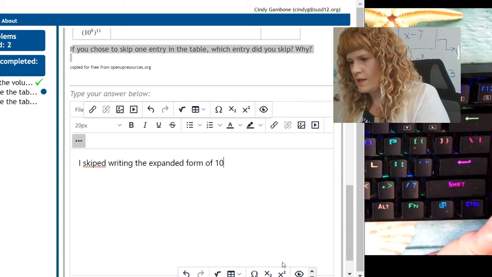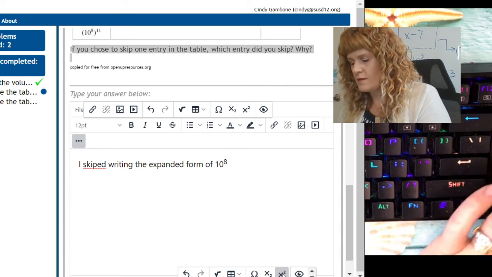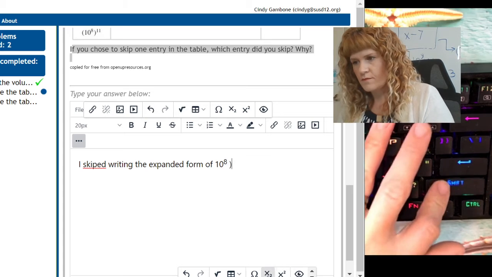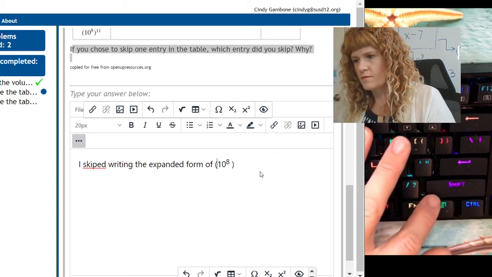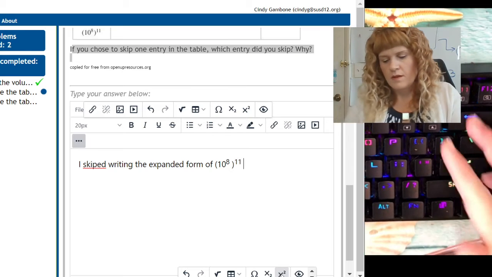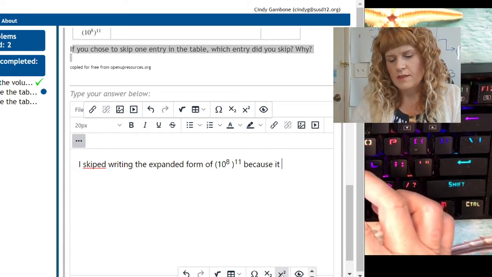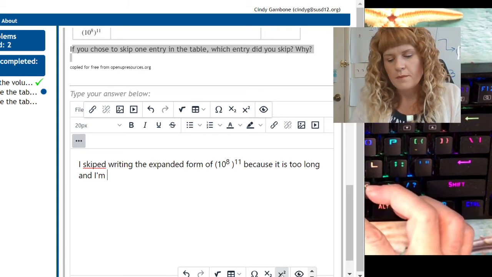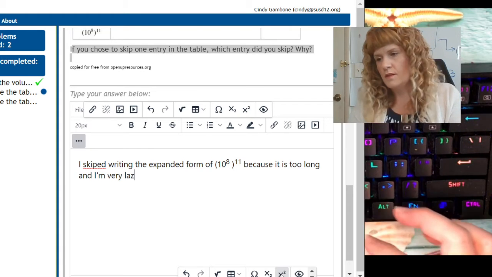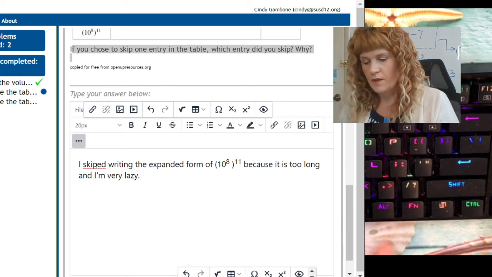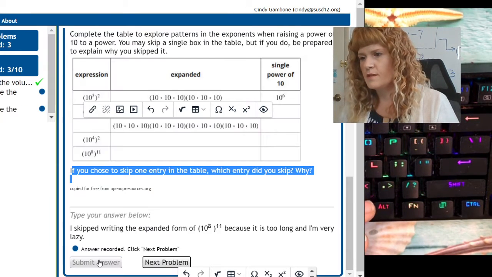Hold on. 10 superscript 8, to the 11th. Because it is too long and I'm very lazy. I do my work completely, but I don't want extra work. And submit your answer.